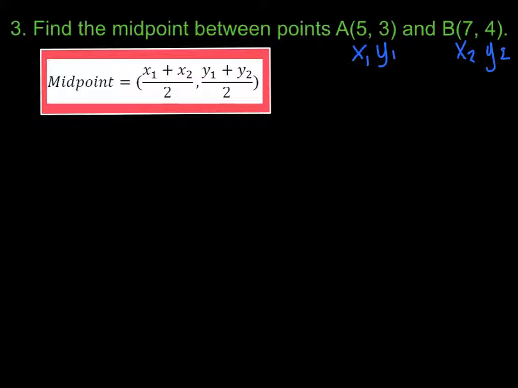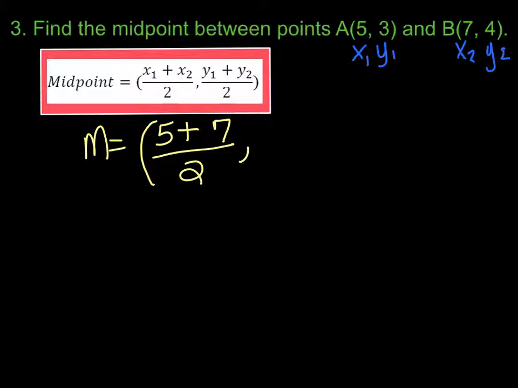Okay, and just like before, we just go ahead and plug them in to the formula. So M, we'll use M for midpoint. M equals parentheses, okay, x1, which is 5, plus x2, which we wrote as 7, all divided by 2, comma, y1, which is 3, plus y2, which is 4, all divided by 2, parentheses.